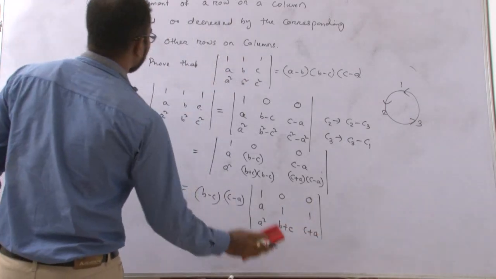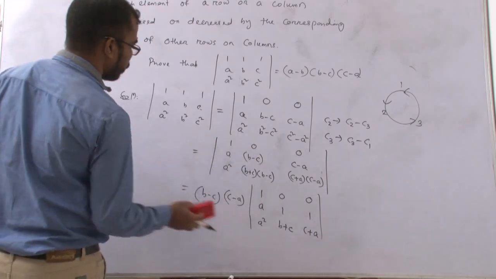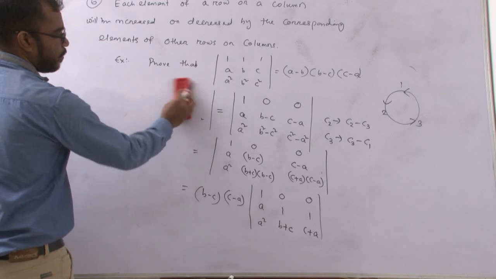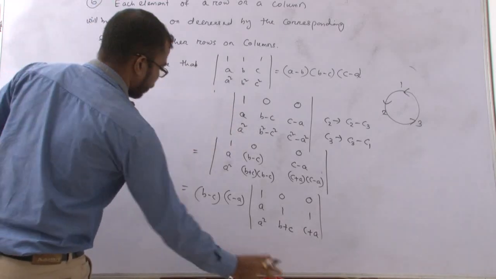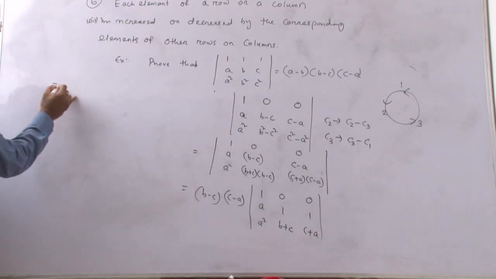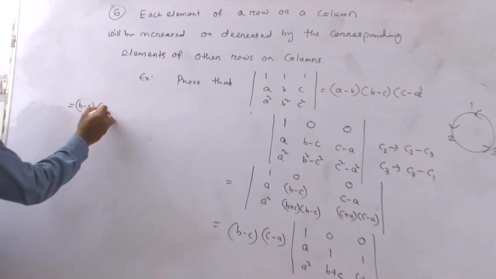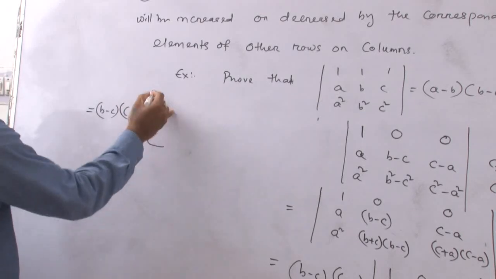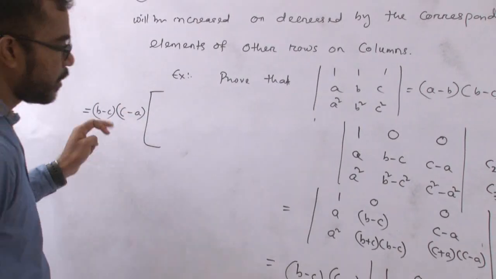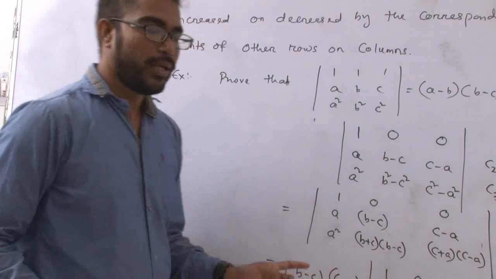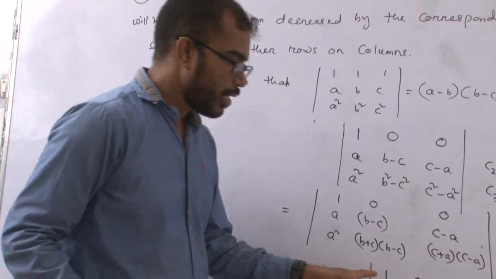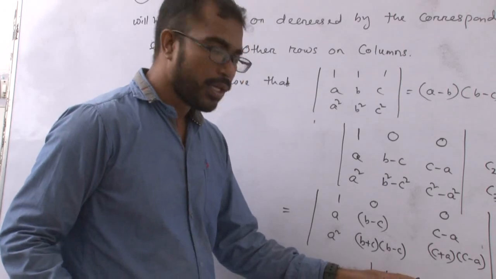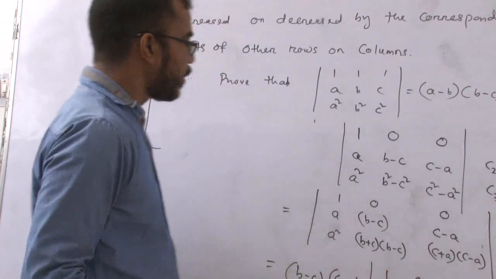Now we evaluate the above expression. We have b minus c into c minus a outside in a bracket, because in row 1 we have the maximum zeros, so we can evaluate directly.